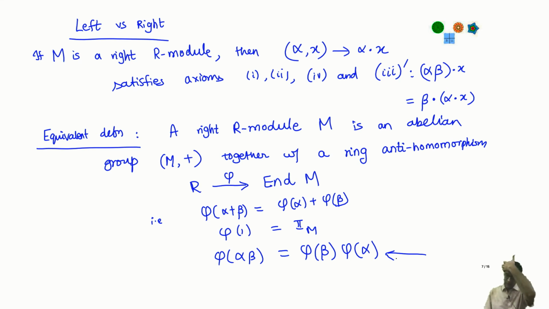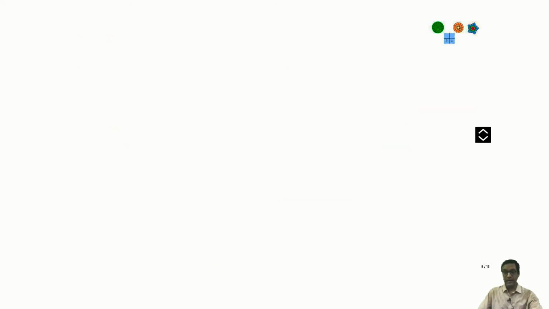So right modules are almost the same as left modules. Instead of being given a homomorphism to End M, you are given an anti-homomorphism, a map which switches the order of those two elements.